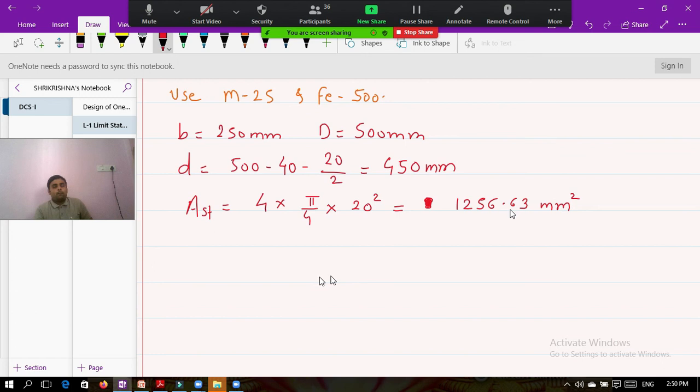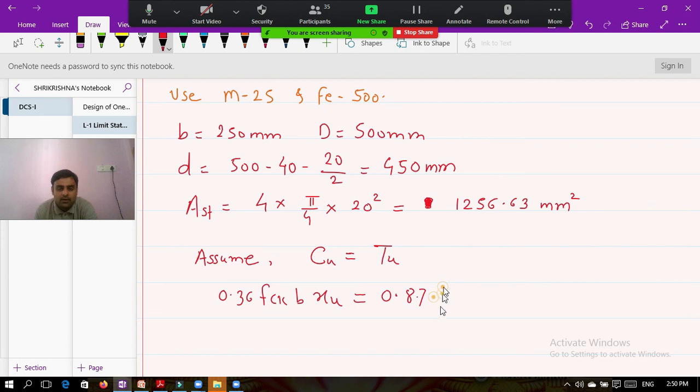Okay. Now after the calculation of area of steel, you assume the section is balanced section and equate Cu equal to Tu. Then what do you get? 0.36 Fck b into XU must be equal to 0.87 Fy AST.